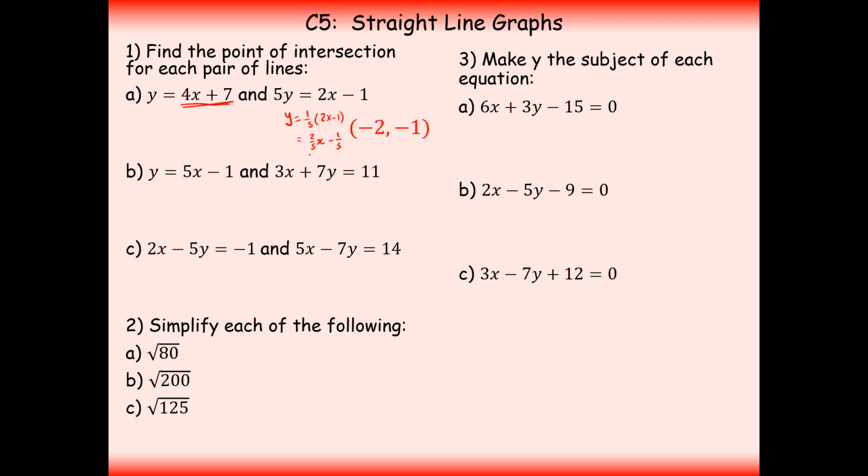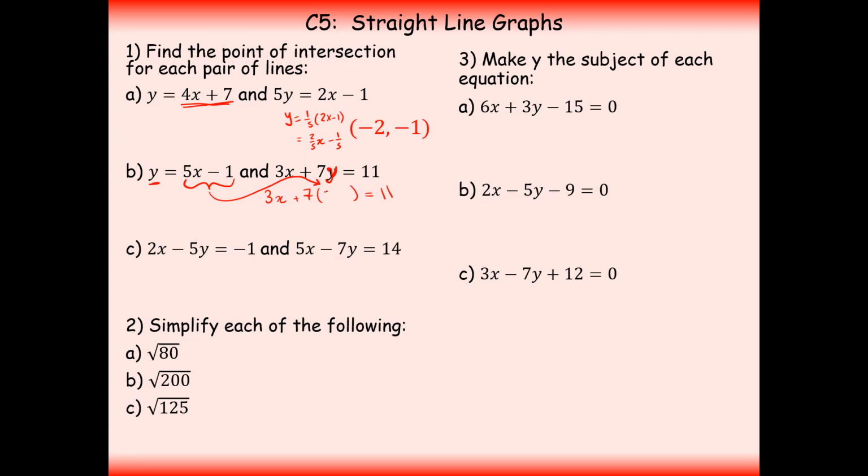Alright, so the next equation, I would use substitution. This y is 5x minus 1, so I would write here 3x plus 7, leave a gap here for the y, and write 11. Now instead of this y here, we're going to replace the definition of y into this box here.